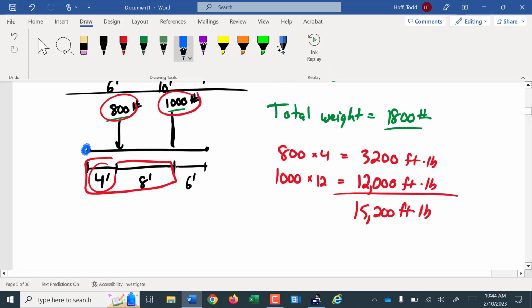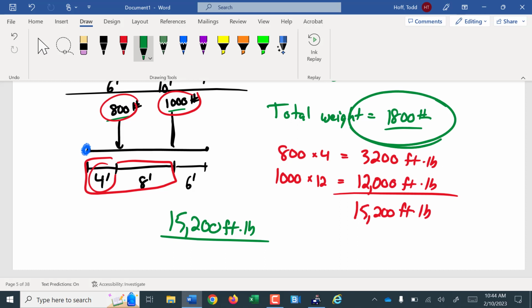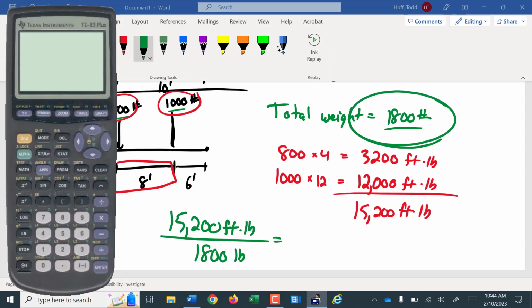To find the distance to the center of mass, or the average location, then, we take that 15,200 foot-pounds, and we want a location. We want feet, so we divide it by the total pounds, 1,800 pounds. So 15,200 divided by 1,800 would give us 8.44 feet.